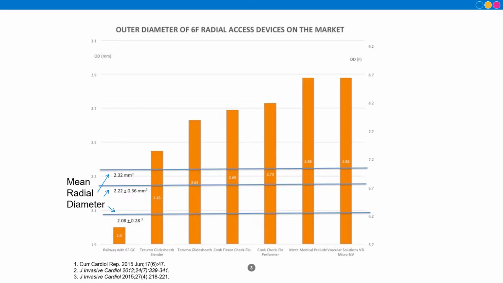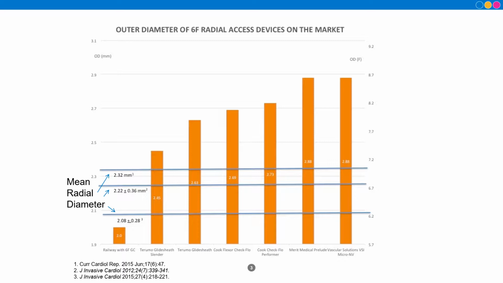On this graph, the leftmost column is a 6 French guide catheter. The second column is the outer diameter of a 6 French slender sheath, and the third column is the outer diameter of a best in market 6 French regular sheath. On these three lines, you are seeing the mean diameter of the radial artery reported in population-based data by evaluation with ultrasound.